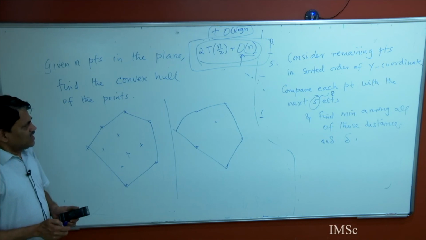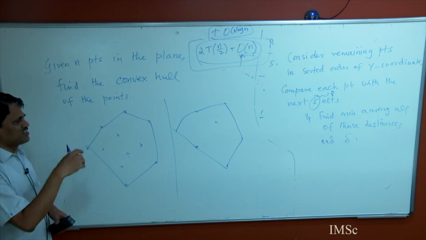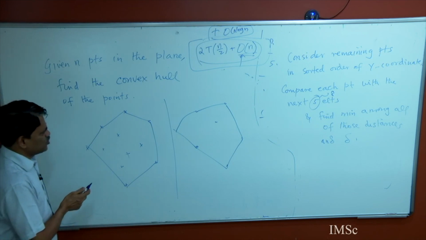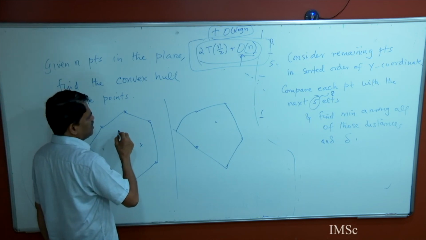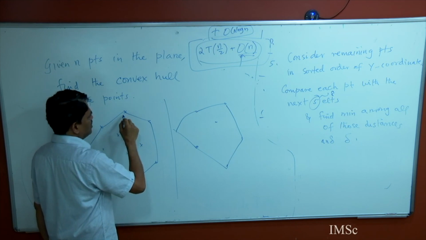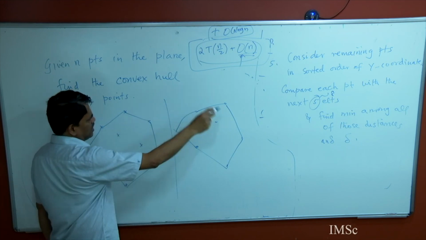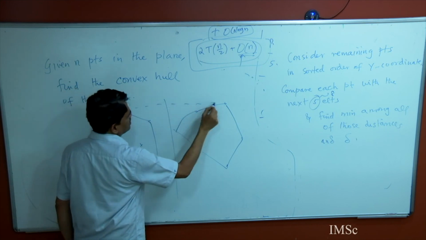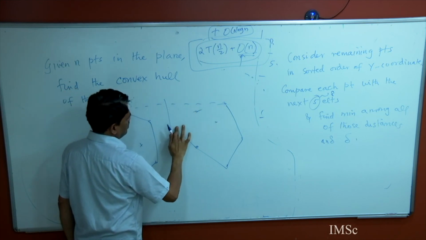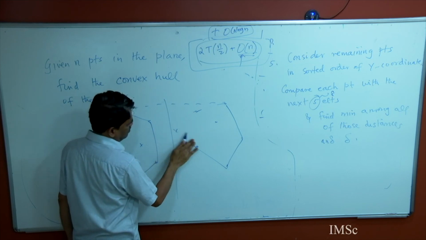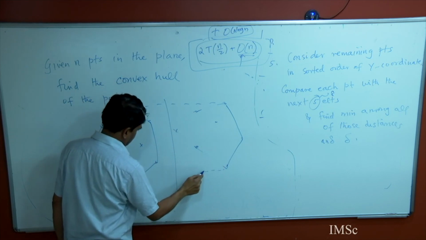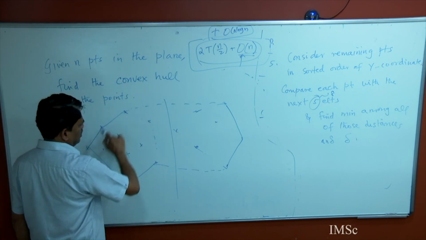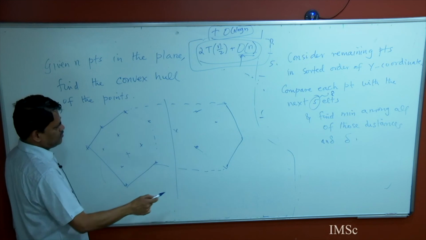That requires getting into some geometric terms like turns and so on, but you can figure out that what I want to do is take this convex hull, and somehow get rid of these points, so I finally get a hull like this, which will have all the points.